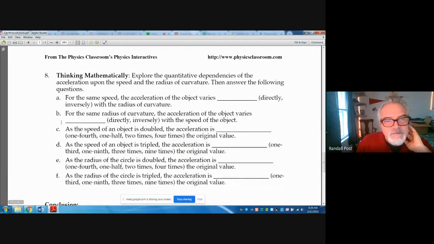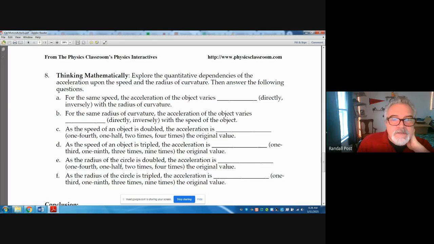This is kind of to look and see what happens mathematically. Do these trials from A through F and just follow the directions here. Keep the speed constant, right? But change the radius. Tell me what happens to the acceleration.